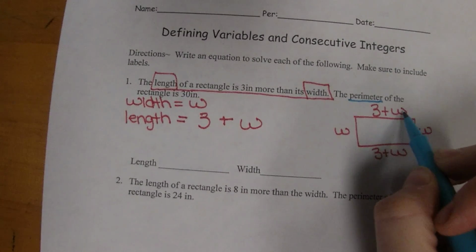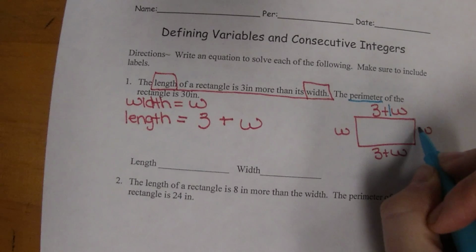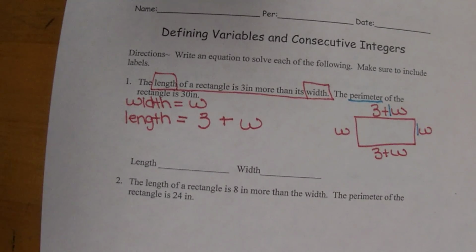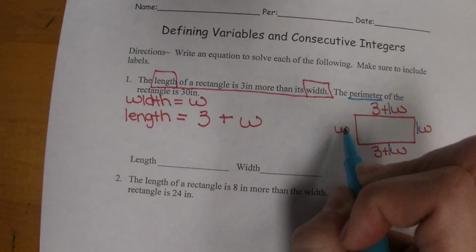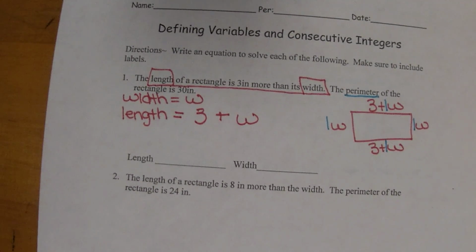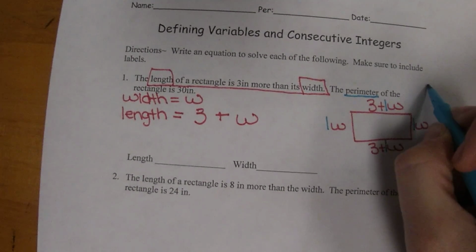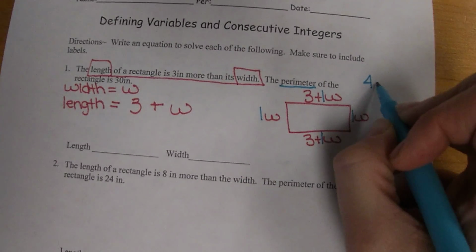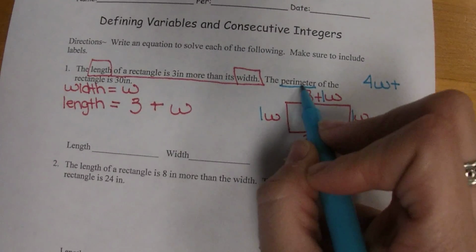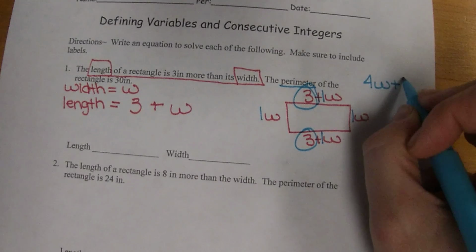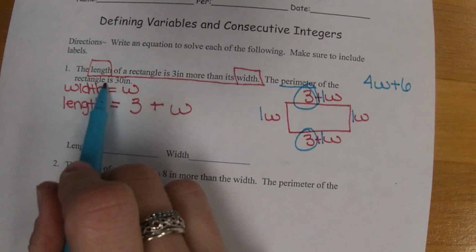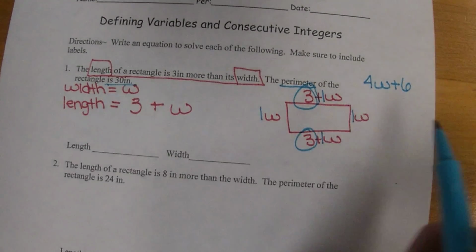So if I add these all up, I have 1W plus another 1W, which gives me 2W, plus another 1W, which gives me 3W, plus another 1W, which gives me 4W. That tells me 4W plus 3 plus 3, 6, has to equal 30.